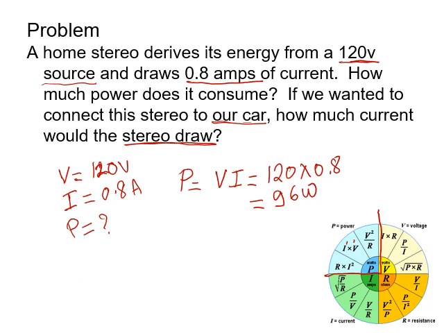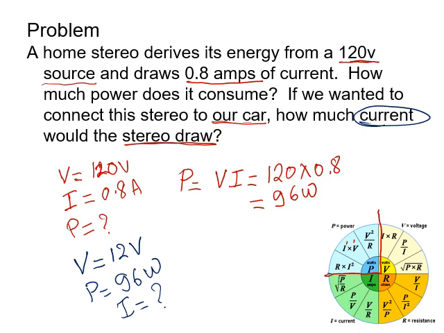So the voltage in the car battery is typically 12 volts. Okay, and then now I know P is 96 watts, and I want to calculate the current, which is I.